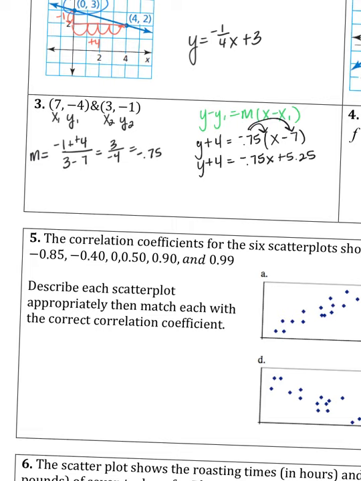Last step to getting y by itself is subtracting 4 from both sides, and I would get y equals -0.75x plus 1.25 as my final answer.